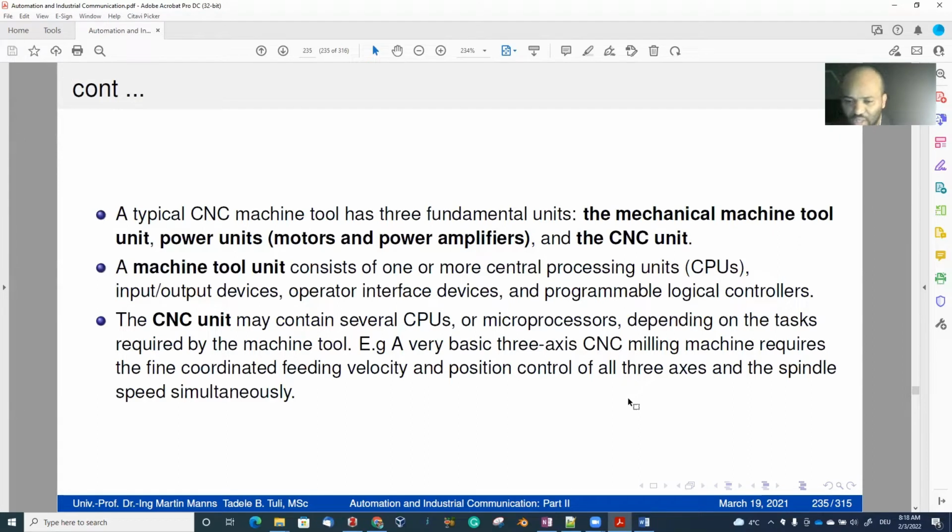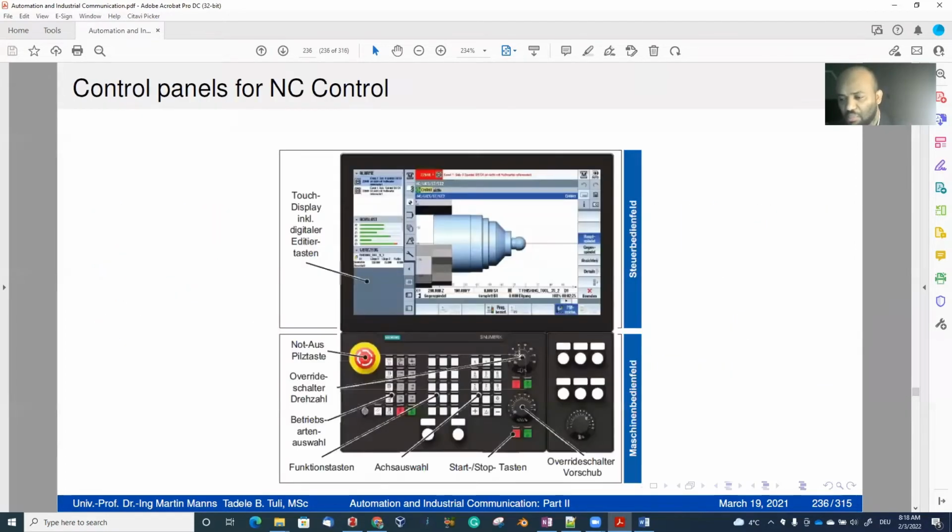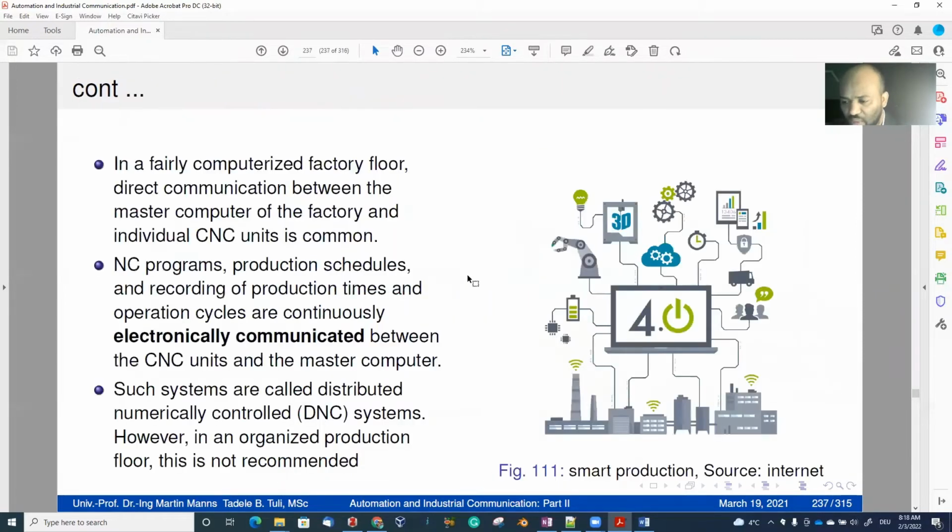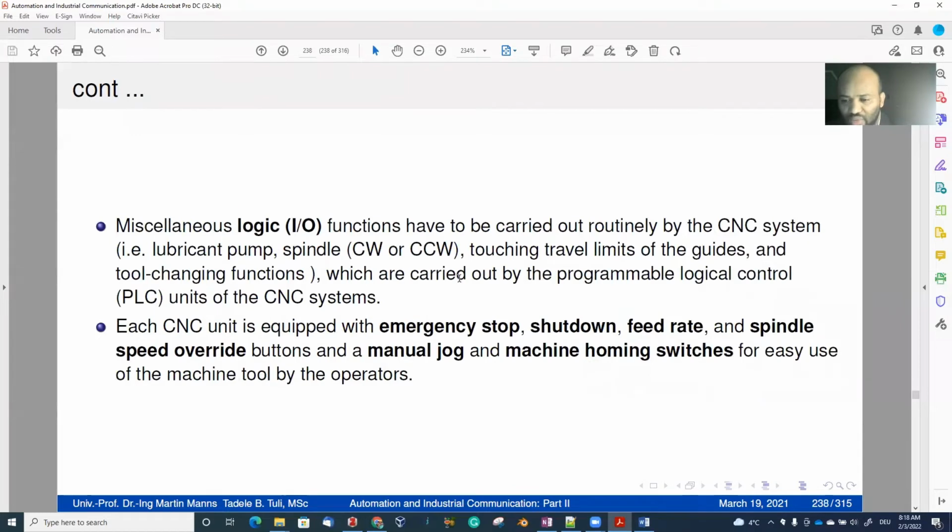And then there's also a CNC unit, which is a central processing unit with input and output devices, logical controllers, and interface devices. So just as with any robot, or any computer controlled machine system, you expect something like that. So this is what we have there.